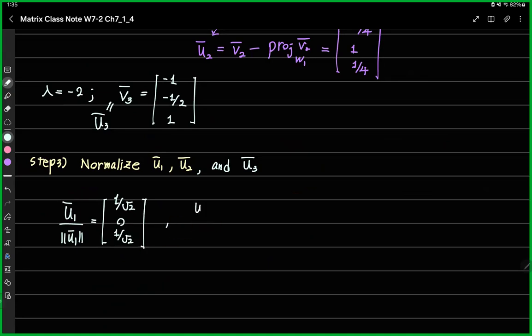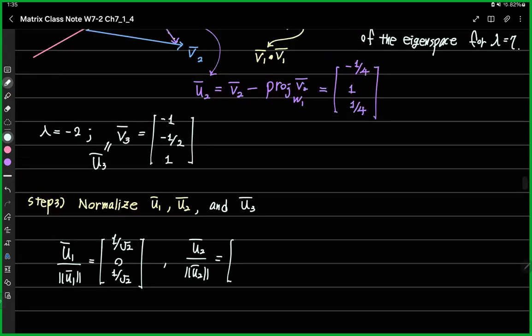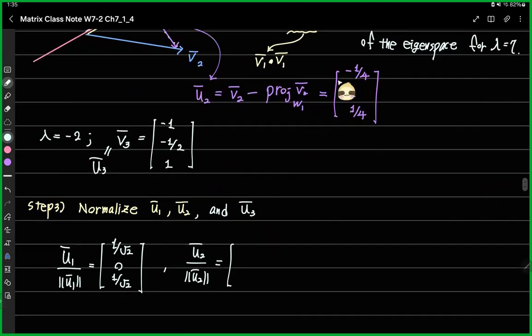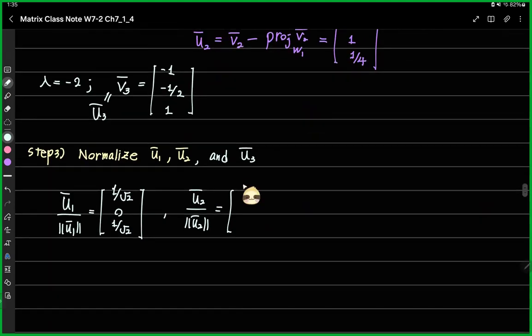Then U2 over the norm of U2. The norm is the square root of the sum of squares, which is square root 18. So we get negative 1 over square root 18, 4 over square root 18, and 1 over square root 18.